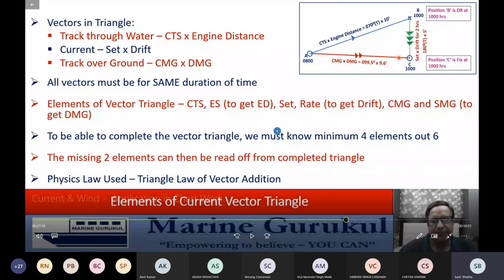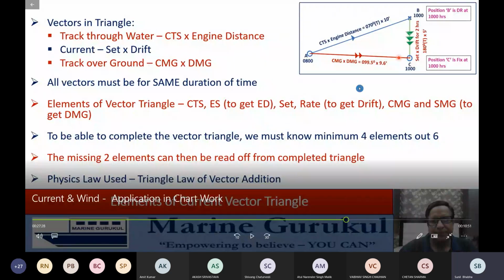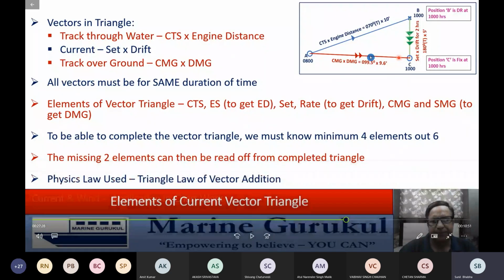Okay, so beta, a very important thing to note and understand here is that for making this course, distance and current vector triangle, we require minimum 4 elements out of the 6 total elements which we have. The 3 vectors have their 3 directions and 3 magnitudes.